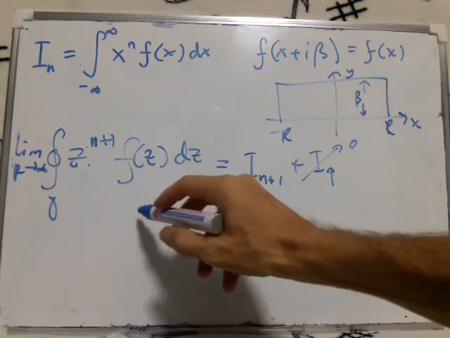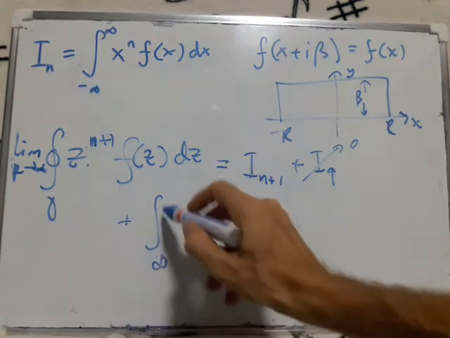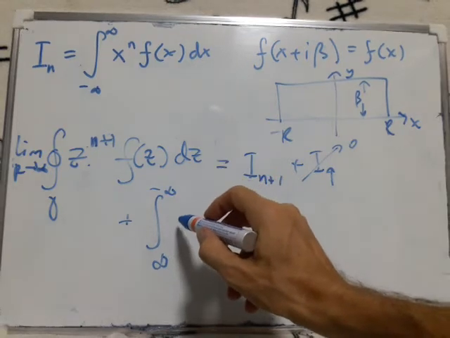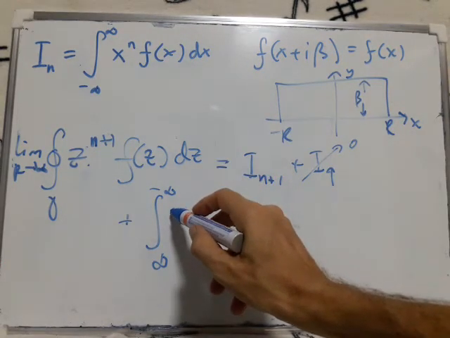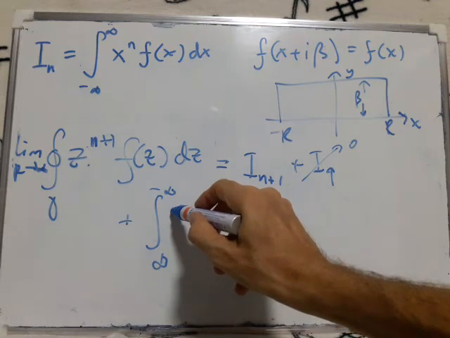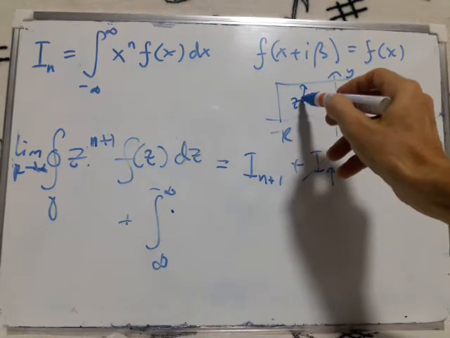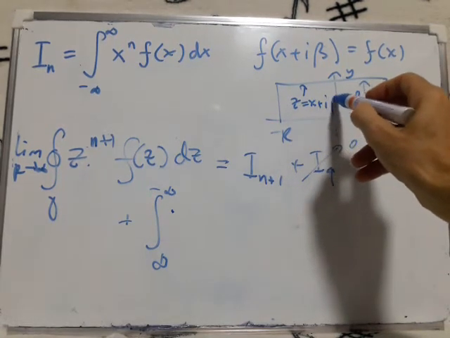So that will be the integral from infinity to minus infinity of, so we've got here z is equal to x plus i beta.